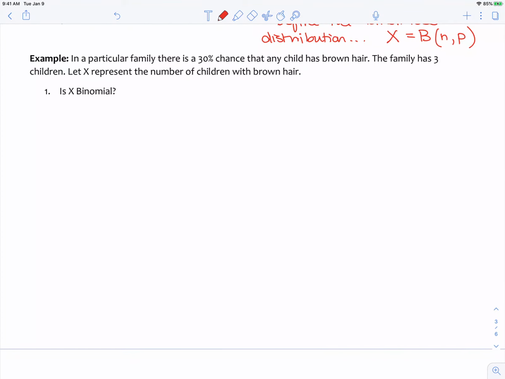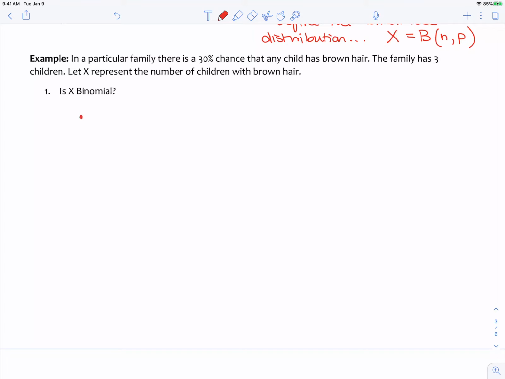In a particular family, there's a 30% chance that any child has brown hair, and the family has 3 children. We're going to let X represent the number of children with brown hair. So is X binomial? The first thing we're going to need to do is come up with our rules. What do we need to be true in order for this variable to be a binomial random variable?